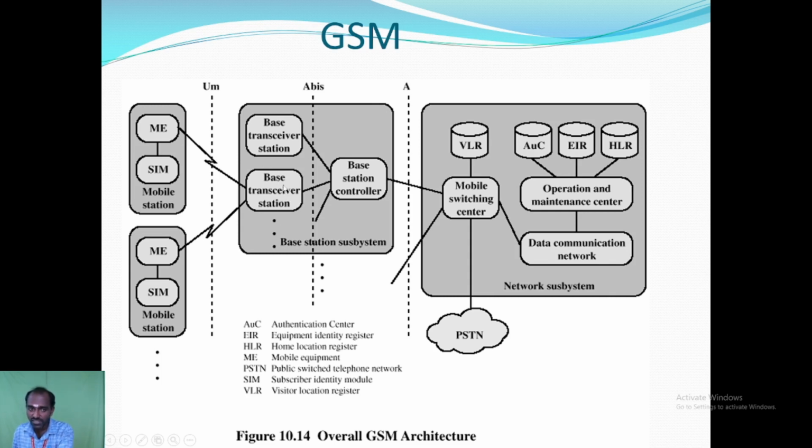What is the function of the base transceiver station? It sends and receives signals from the mobile station. See the diagram. It is also used for encoding, encryption, multiplexing, and modulation. Other functions are decoding and decryption.